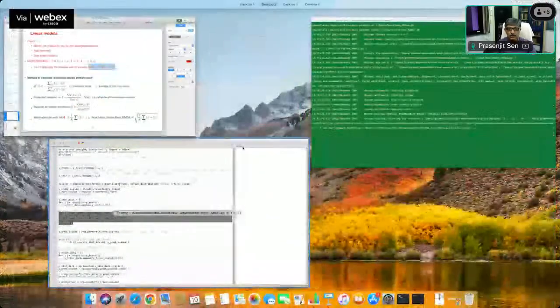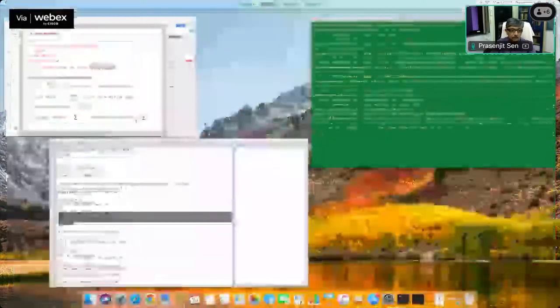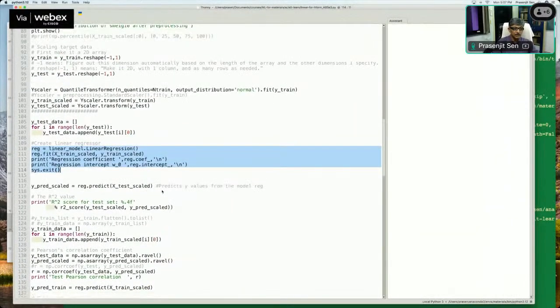And these w's are the coefficients and w naught is the intercept. So let us run this. It will stop here and see what we get.